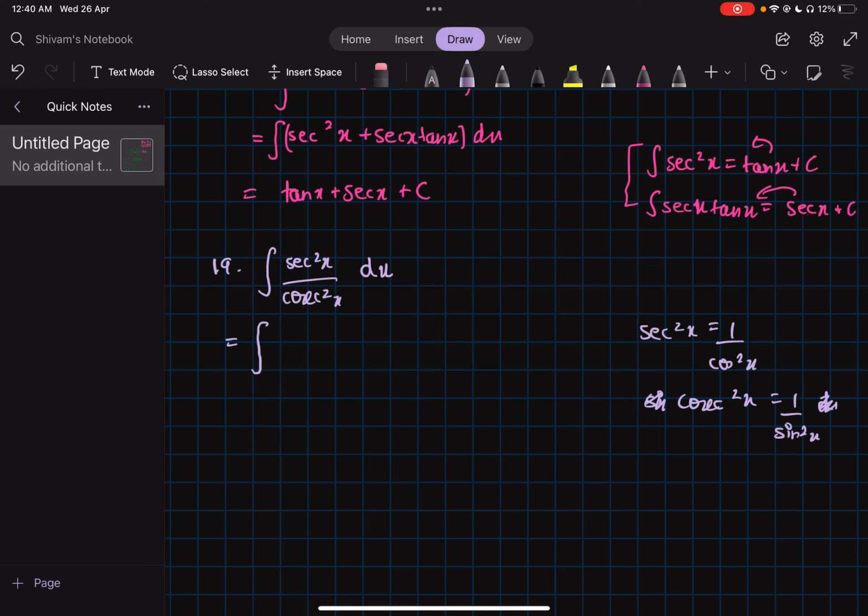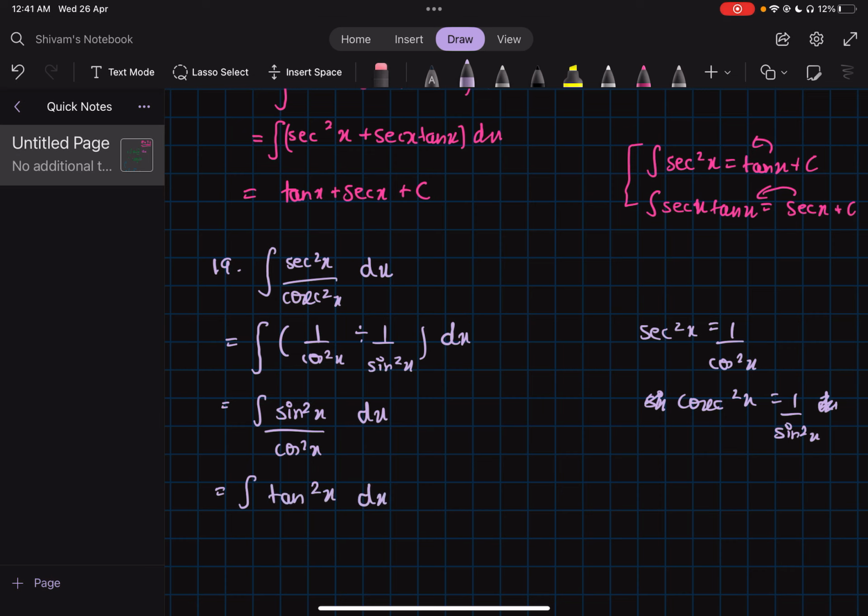So I'm just going to write it like that. It's the integral of 1 over cos square x divided by 1 over sine square x dx. Then you flip this around so you get sine square x upon cosine square x dx, which is tan square x dx, right?